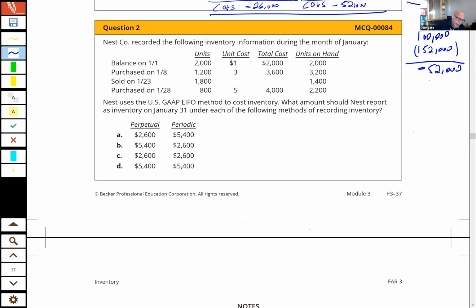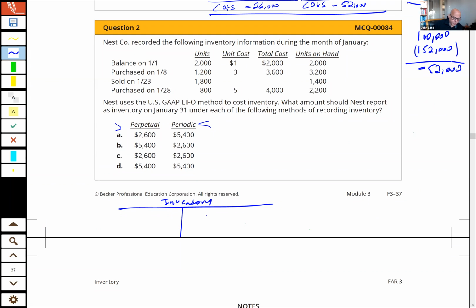So I'm going to do perpetual first. They asked me perpetual, they asked me periodic. I'm going to do perpetual first because I'm thinking, well, all I've got to do is keep track of what's happening with this inventory down here. Set up a little T account, and I should be able to see what the inventory balance they want at the end of the year is under perpetual, right?